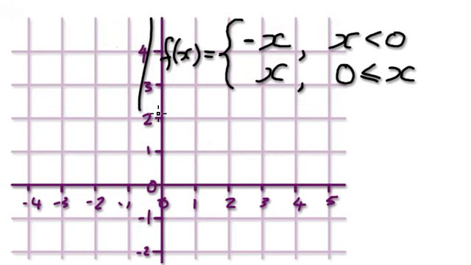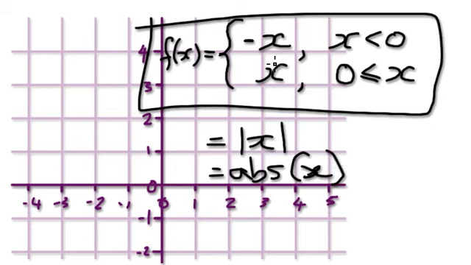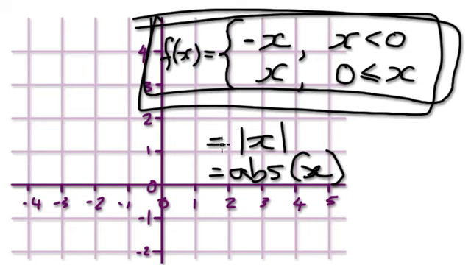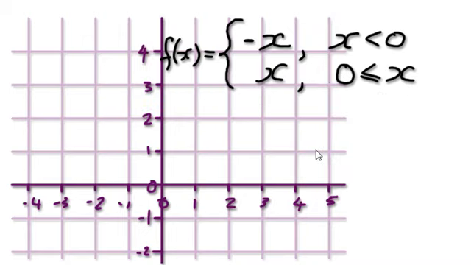So really, this piecewise function is exactly the same as this. It's just another way of writing it, and also is exactly the same as this. It's just a different way of writing it.